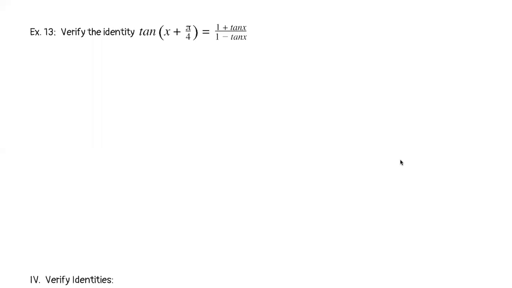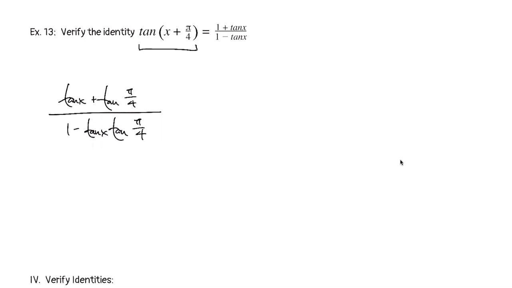Okay. So what did you get, did you replace the left-hand side? Yeah, and so when you replace the left-hand side, what'd you get? I got tangent of x plus tangent of pi over 4 divided by 1 minus tangent of x times tangent of pi over 4.